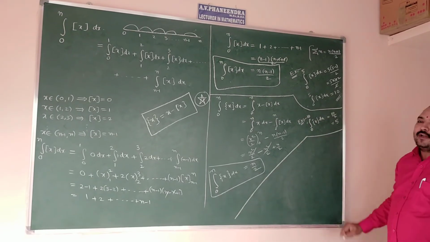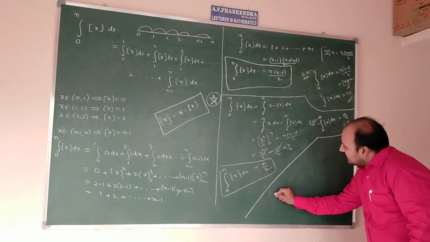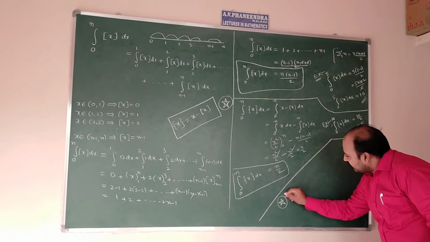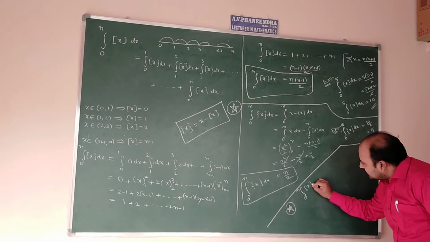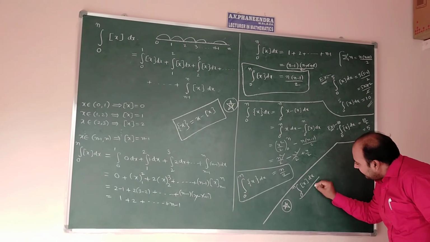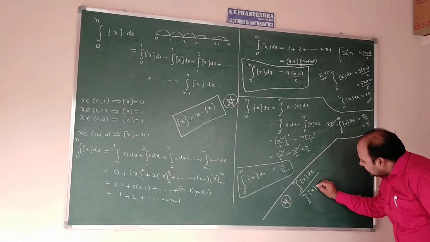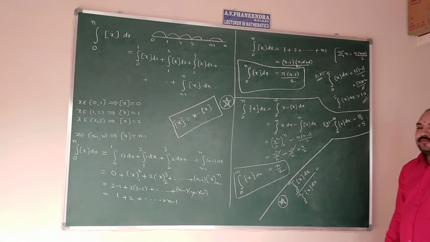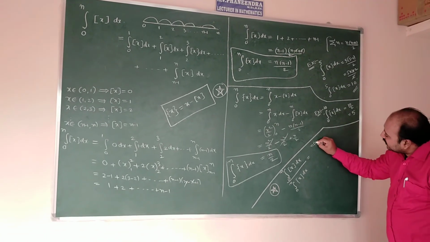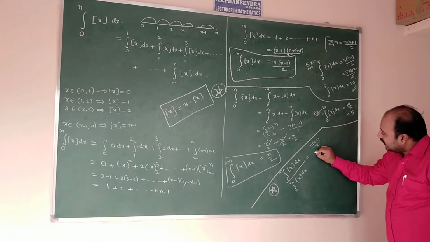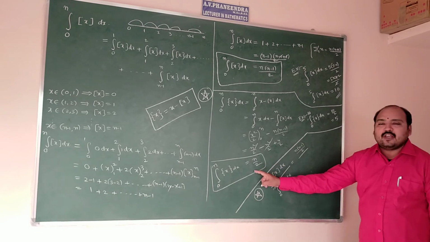And one more important interesting result. Sometimes what they are asking is a direct result. You remember integral 0 to n step x dx divided by integral 0 to n fractional part of x into dx. Integral 0 to n step x dx is n into n minus 1 divided by 2, divided by integral 0 to n fractional part of x dx, whose value is n by 2.